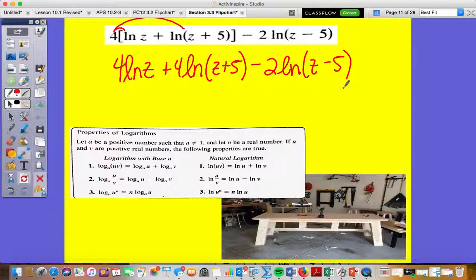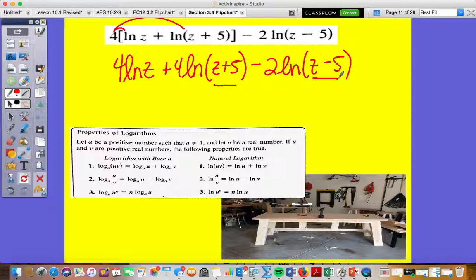Someone else have a thought of what we could do to condense it? Say it again, Josh. I can't cancel it because they're separate things. Does that make sense? What about the numbers in front, Josh?